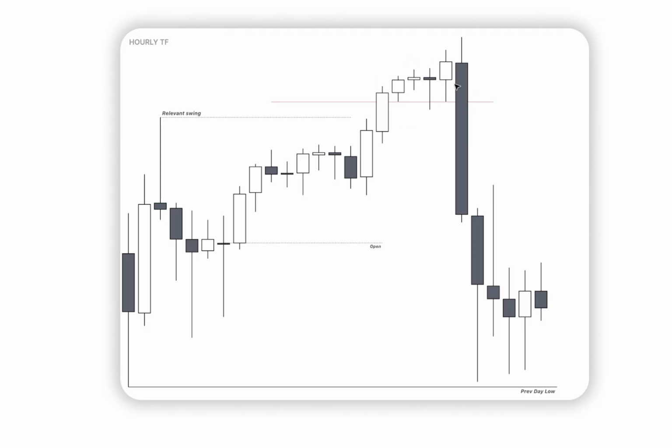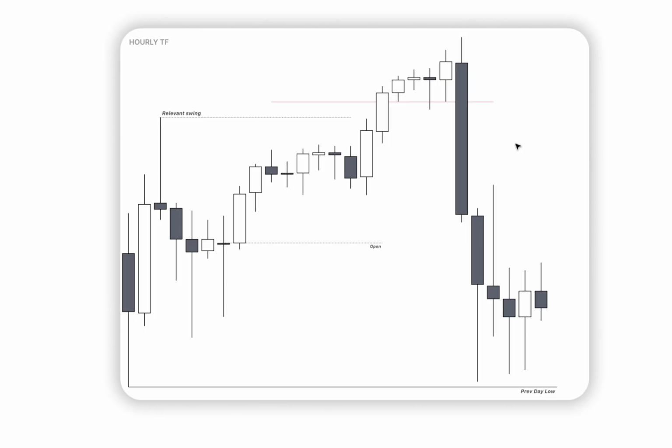And when we create a range, we seek to see a manipulation either above the range or below the range. Below the range, if we want to see the market go higher. Above the range, if we want to see it go lower. And this is what happened here today. We saw a manipulation of the high of the range, and then on the open is what we got, a big drop.